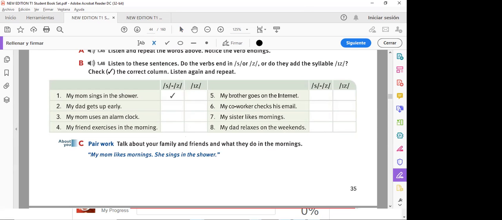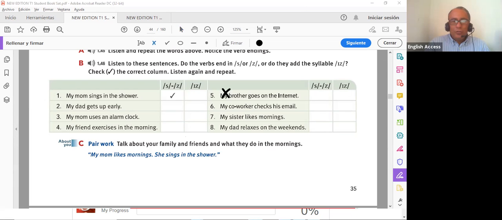Do the verbs end in s or z? Okay, in this part, I only need you to tell me if it's column number 1 or column number 2. In your case, Pacheco, you can say 1 or 2, depending on the sound. Fatima, I think you did this activity, but let's repeat it, okay? Or do they add the syllable is? Okay. Check the correct column. Listen again and repeat.